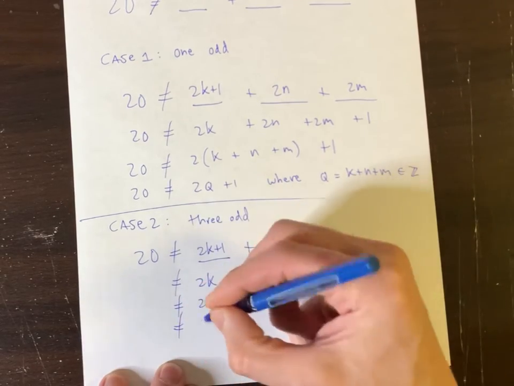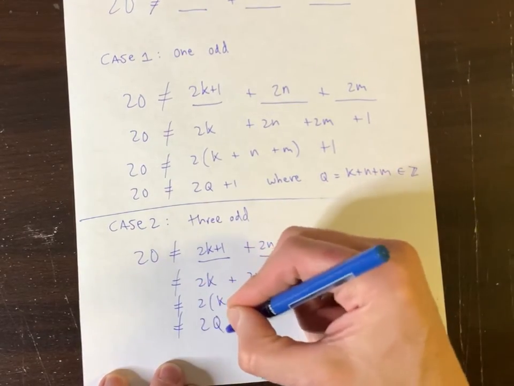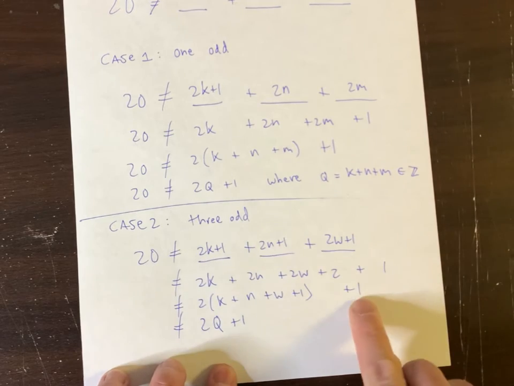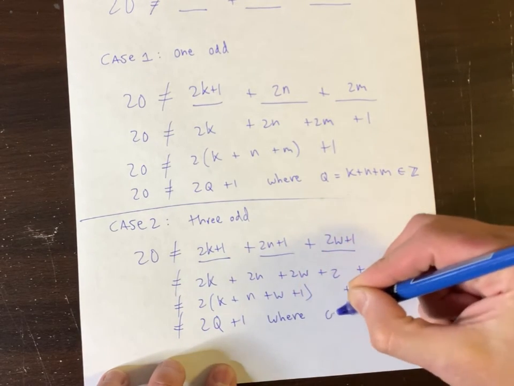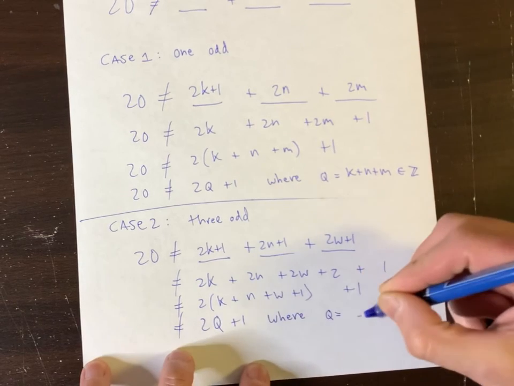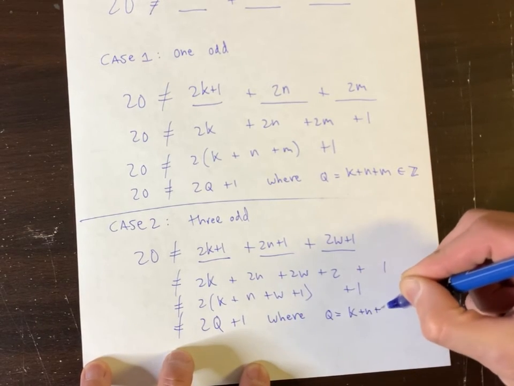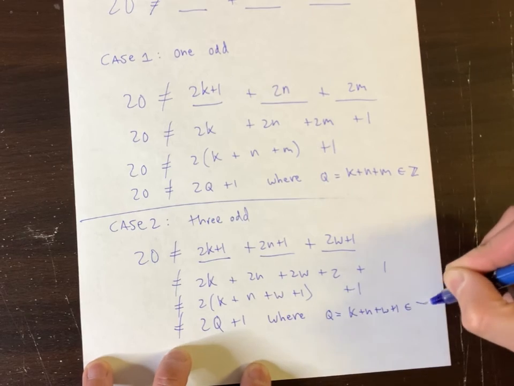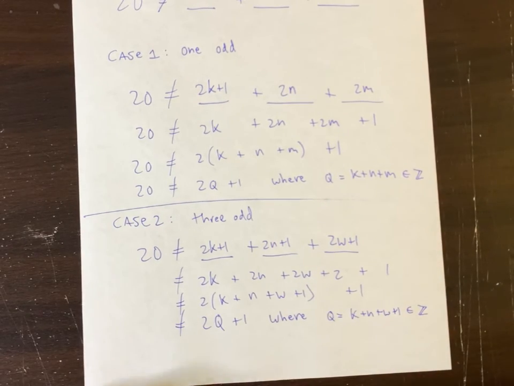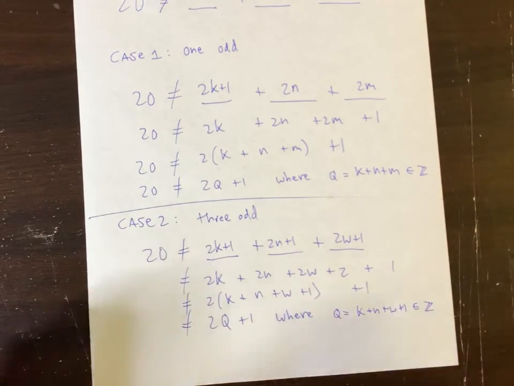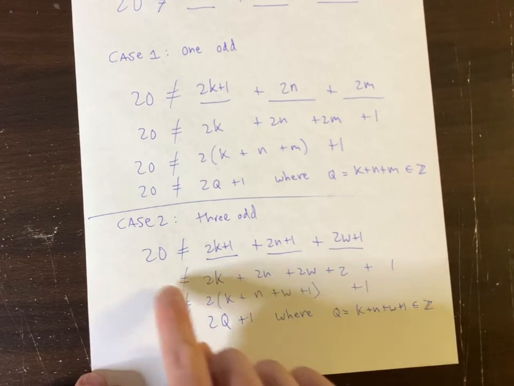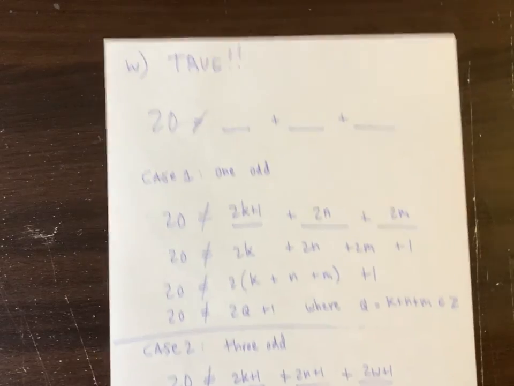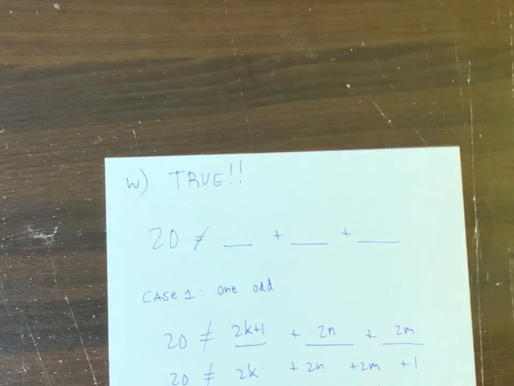And 20 cannot equal 2, let me pick the letter Q, plus 1, where Q equals k plus n plus w plus 1, because those are integers for sure. And so this is true, right? 20 cannot equal this, because this is odd and 20 is not. So the statement for part W, I agree, true.